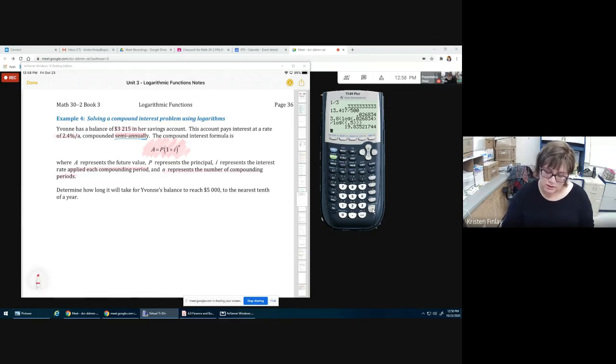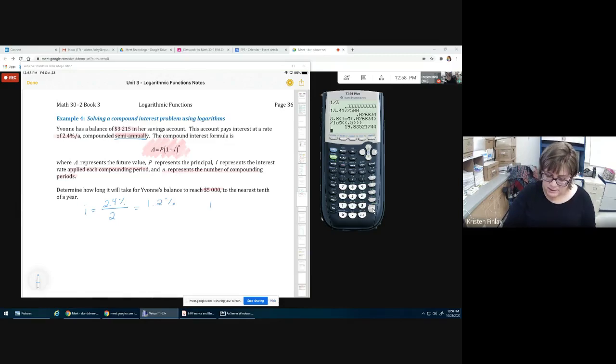So it wants to know how long will it take for Yvonne's balance to reach 5,000. First, we've got to figure out our formula. Because it's compounded semi-annually, our interest rate is going to be 2.4% divided by 2, so it'll be 1.2%.